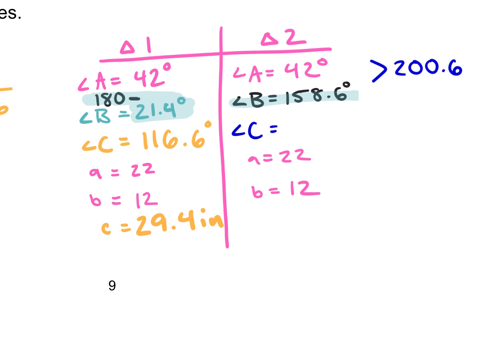What do we get when we subtract this from 180? When we do 180 minus 200, what do we get? A negative 20. Is it possible to have a negative angle? Is it possible for two of our angles to add up to more than 180? No, because we can't have a negative one. So here we have no second triangle. We only have one triangle.